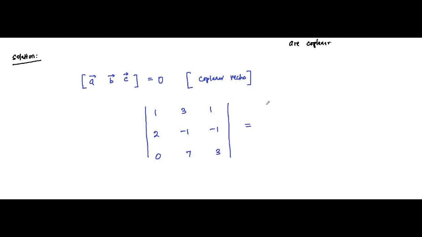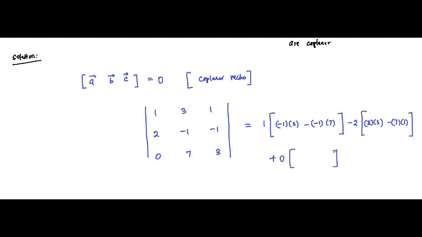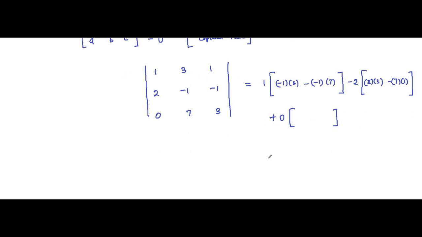So this is equal to, if we go by 1 2 0 in the first column, 1 into minus 1 into 3 minus 1 into 7, then minus 2 into 3 into 3 minus 7 into 1, and 0 multiplied with whatever the result is will be 0. So no reason to do the calculations, leave it like that.